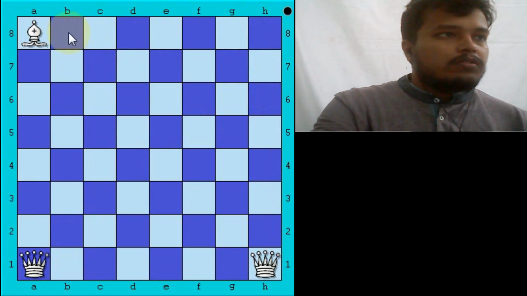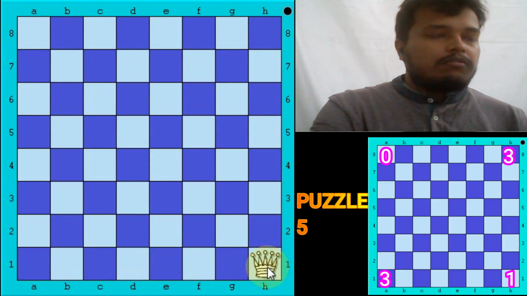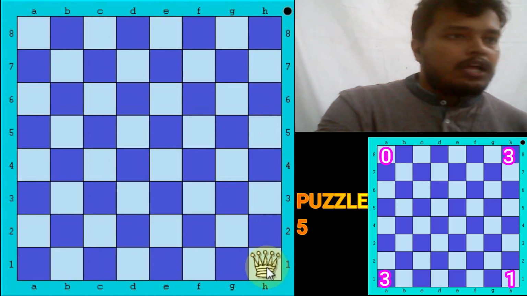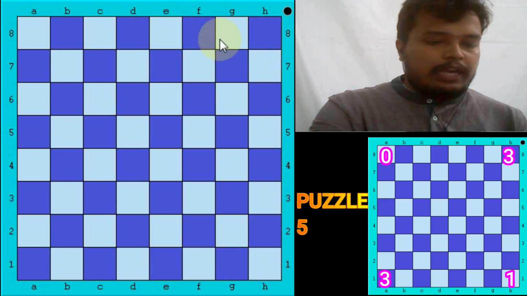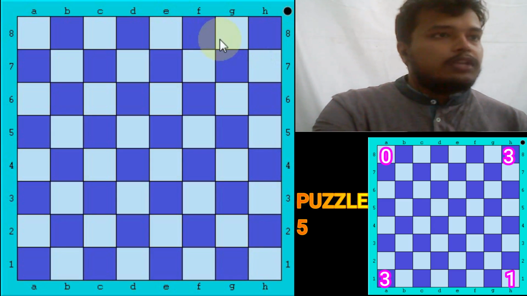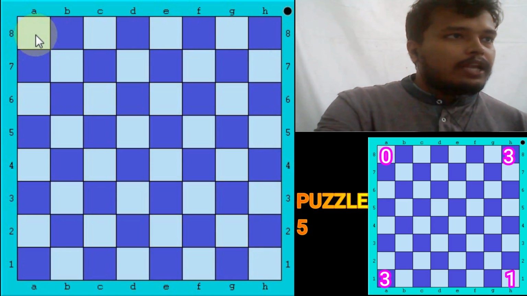And now there is another variant, where you can see how the pieces attack the 4 corners.